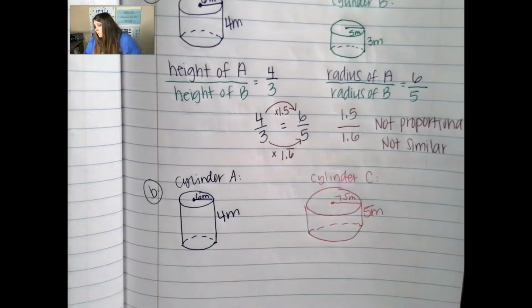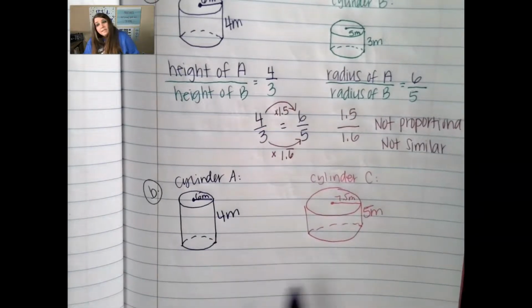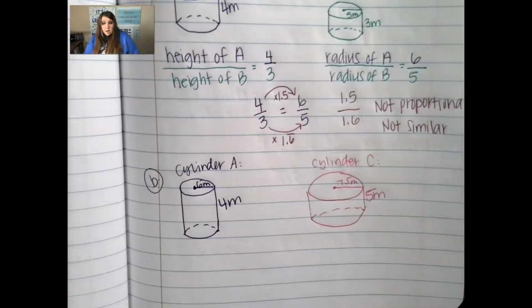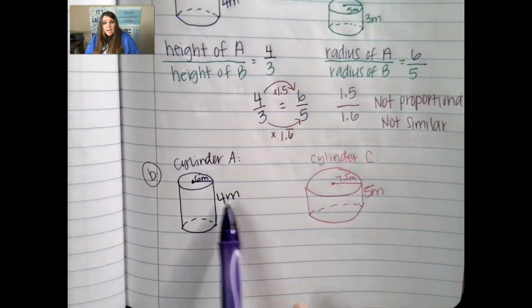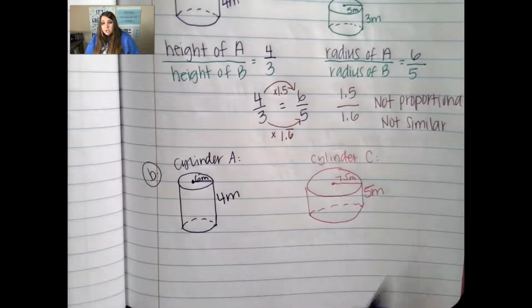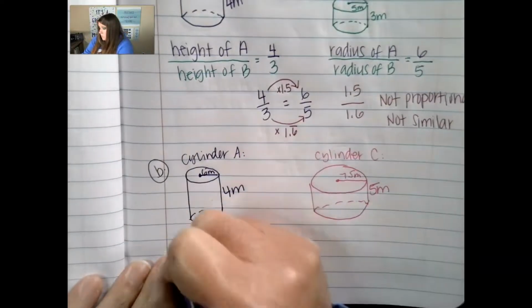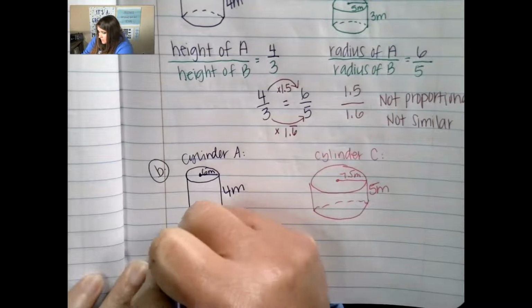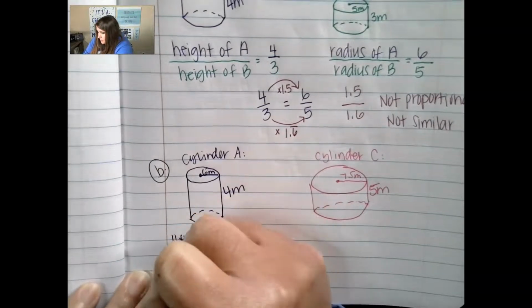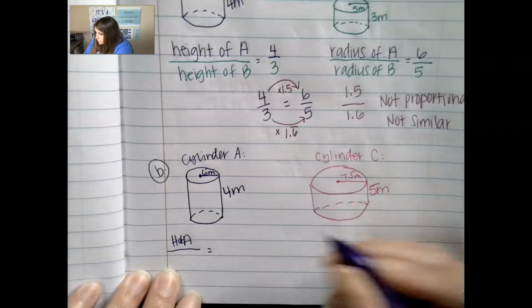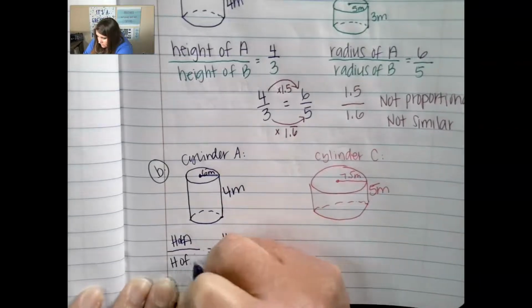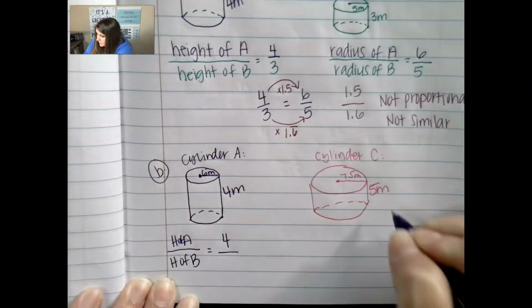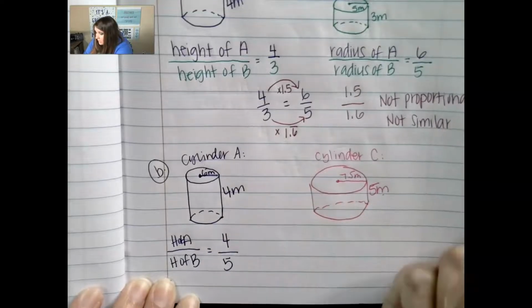Okay, so our job is to check both of these and to now see if they are similar. So our first step is going to be to look at their height. They both have a height, so we're going to check their height. So the height of A is equal to 4. And the height of C is equal to 5.